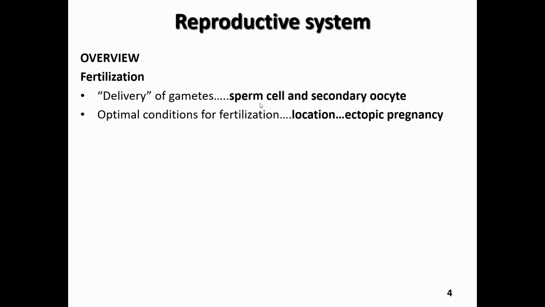Once a sperm cell fertilizes a secondary oocyte, that cell has the capability of implanting in any biological tissue. And that may result in what's called an ectopic pregnancy. There is a functional location for the implantation of a fertilized oocyte, and an ectopic pregnancy is one that is not viable.